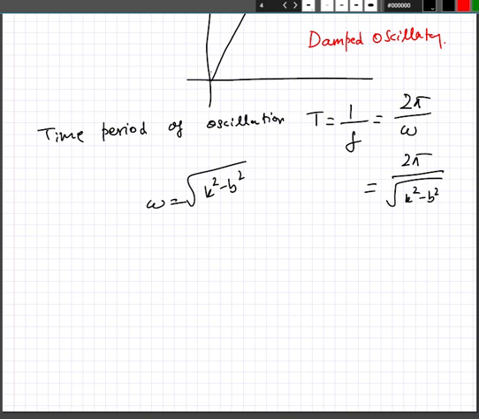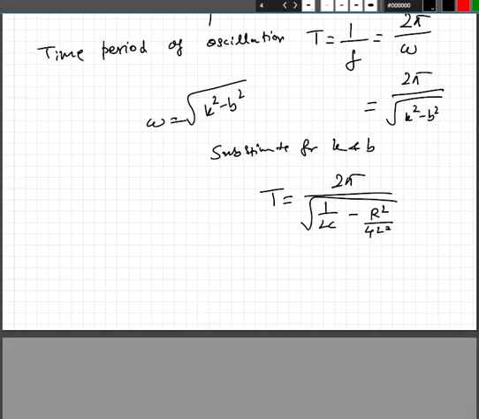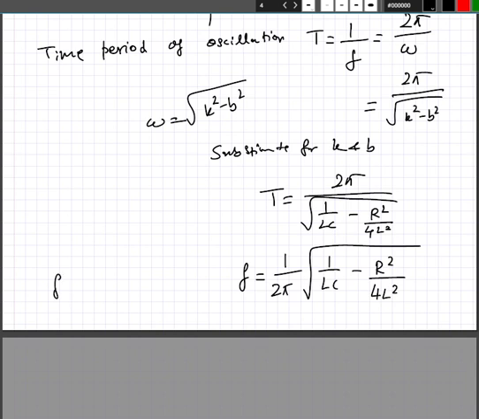Okay, so again we substitute for k and b, and what you get is t is equal to 2 pi by square root of 1 by LC minus R square by 4L square, or f is equal to 1 by 2 pi square root of 1 by LC minus R square by 4L square, and that is the frequency of oscillation.